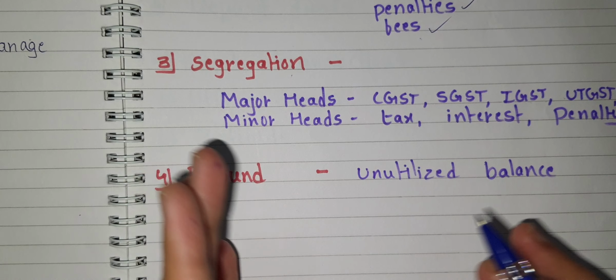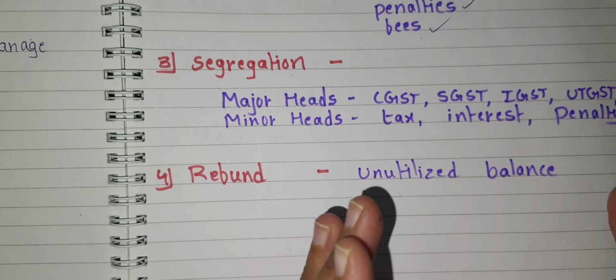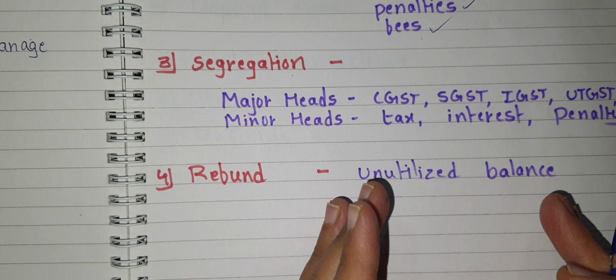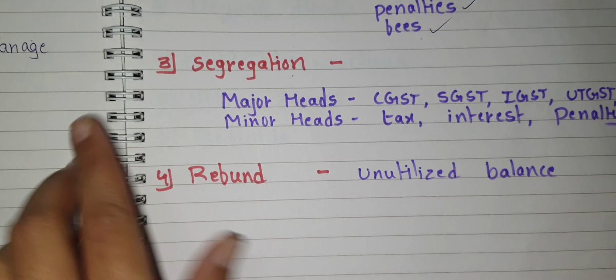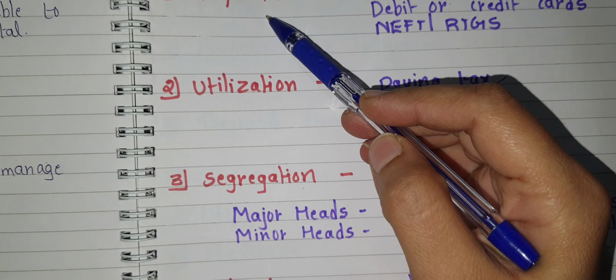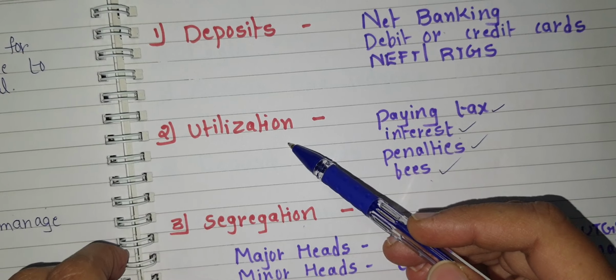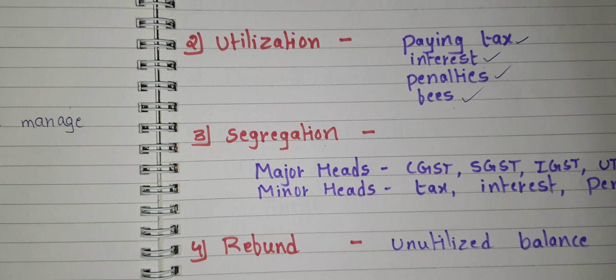That is the unutilized balance, and you can claim a refund of it subject to GST rules. This is the meaning of refund. So these are the features of electronic cash ledger: first deposits, second utilization, third segregation and fourth refund.